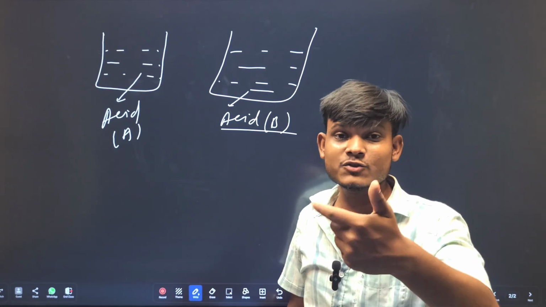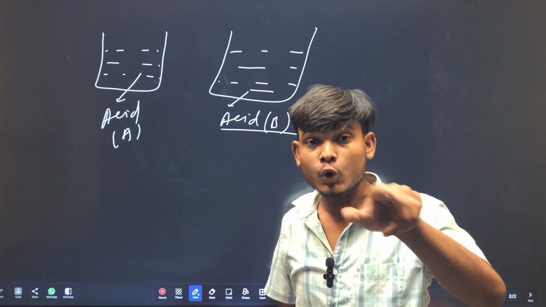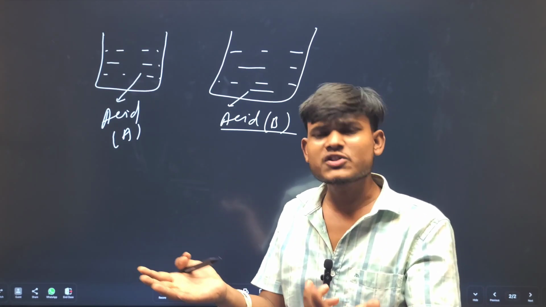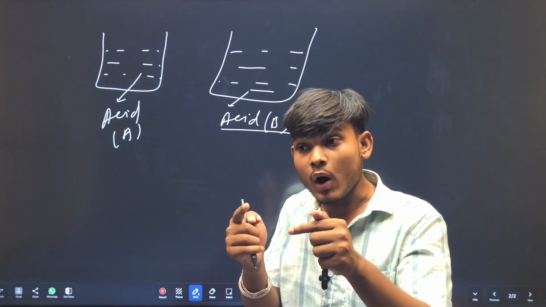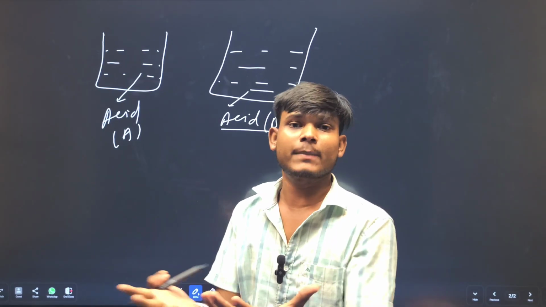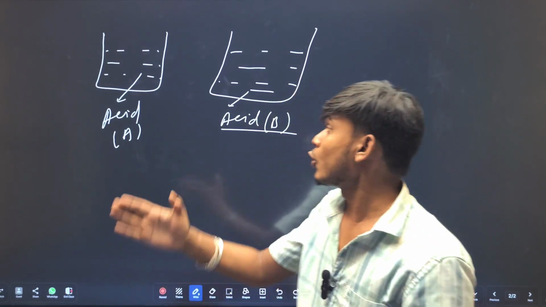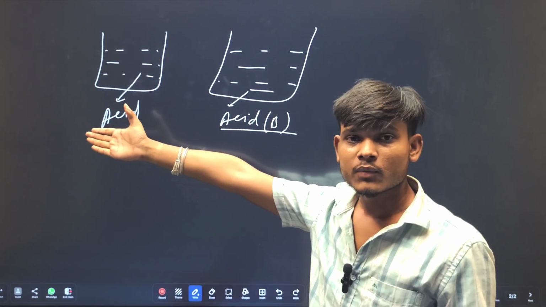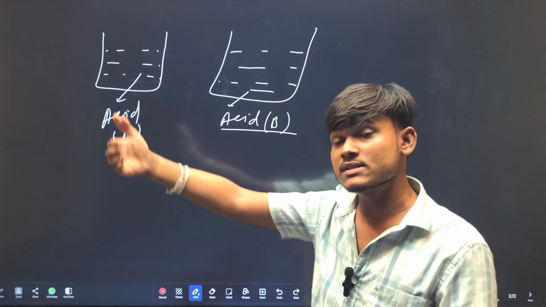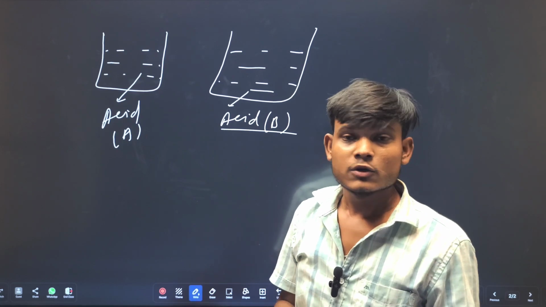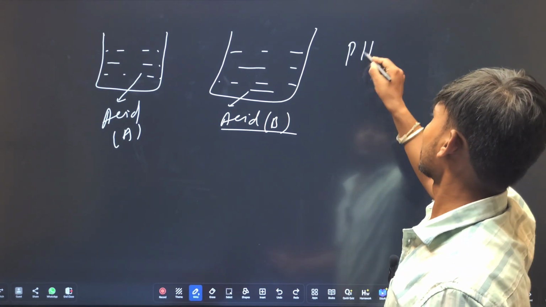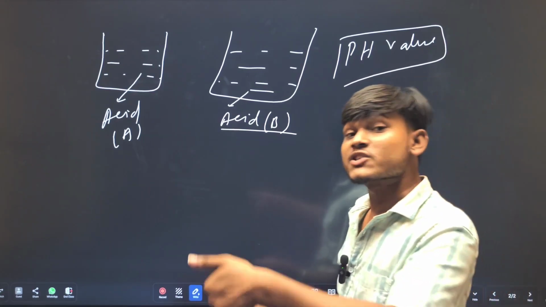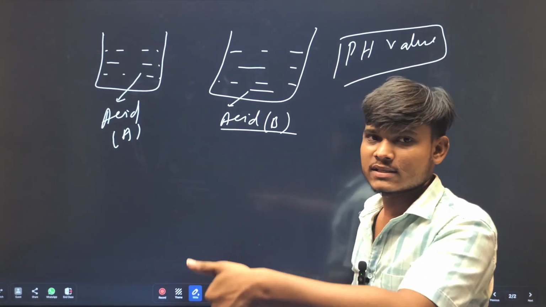Please remember, dear students: if you want to identify acid or base, you just use an indicator. But if you want to know the strength of acid or base, which acid is stronger or which base is stronger, you have to use the concept of pH value. So with the help of pH value, we know the strength of acids or bases.